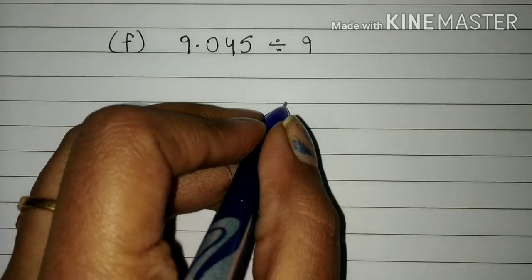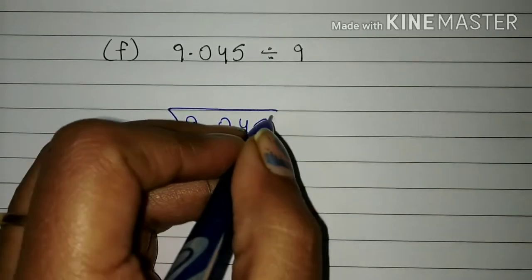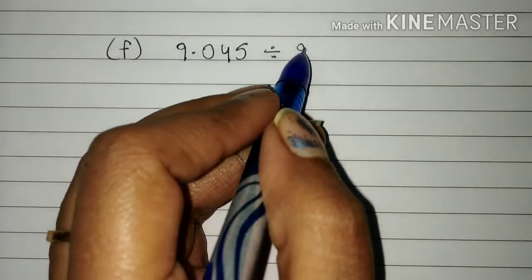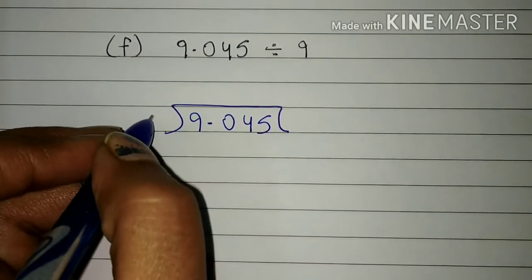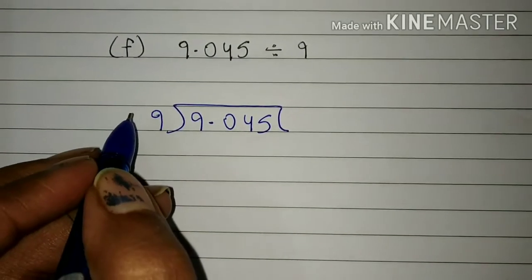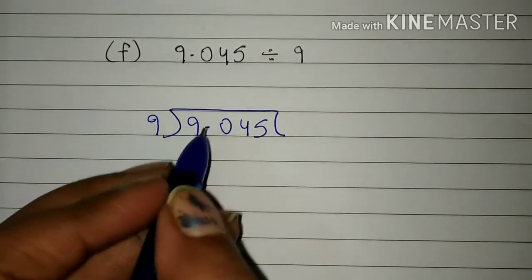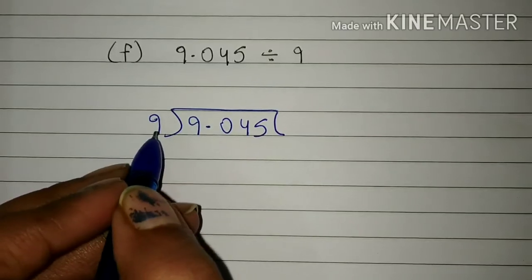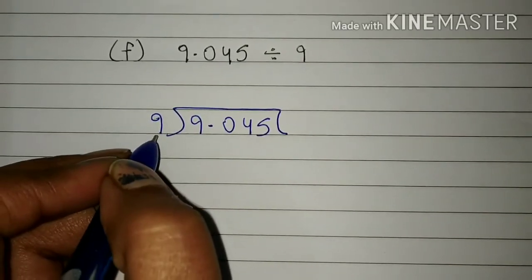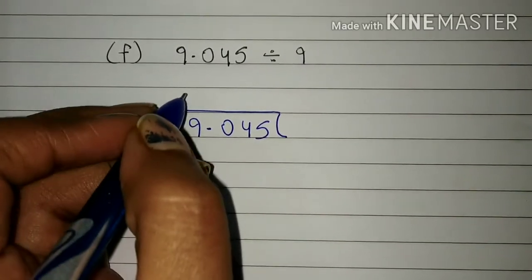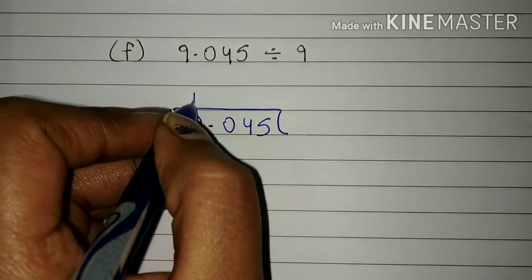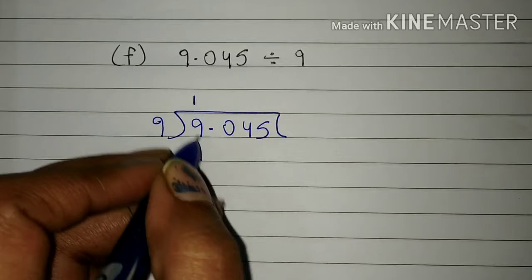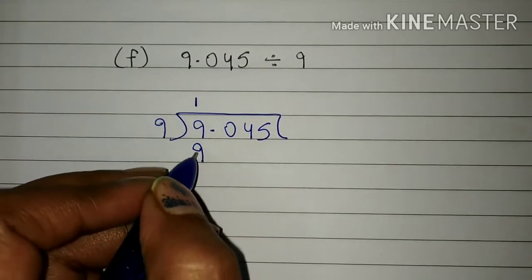After that, we will write 9 here. Now students, we are going to divide 9.045 by 9. So 9 1s are 9. So we will write here 1 and 9 here because 9 1s are 9.